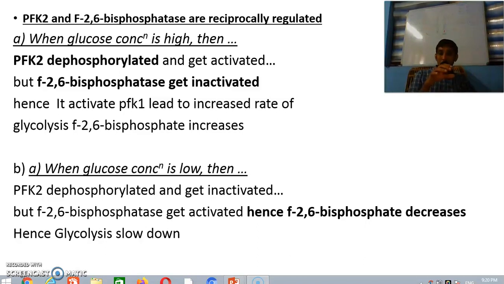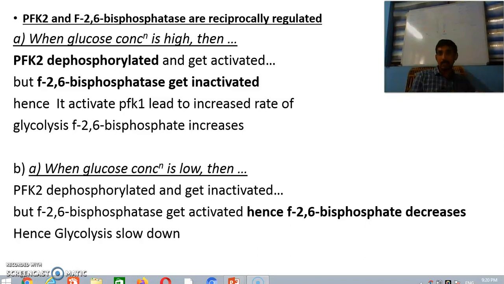So when PFK2 and fructose 2,6-bisphosphatase both get dephosphorylated, then PFK2 gets activated and performs its chemical reaction, whereas fructose 2,6-bisphosphatase gets inactivated.